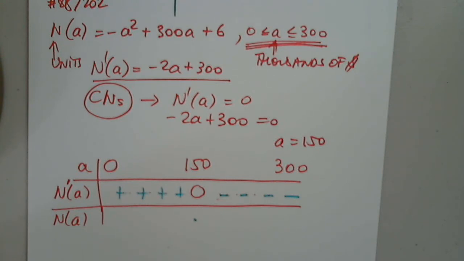Second, table, I want to plug in 150. And I get, make sure, highlight, yes, 22,506. Perfect. Good, I got it.